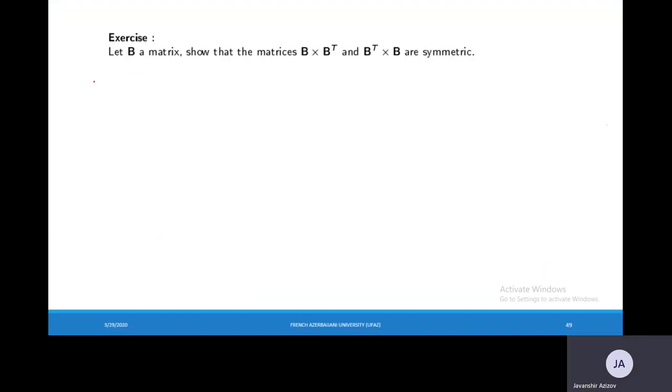Exercise. Suppose we have the matrix B. Show that the matrices B times the transpose of B and the transpose of B times B are symmetric matrices. Okay, let's find the transpose of this matrix. Using the properties of transposition, this expression will be this one.